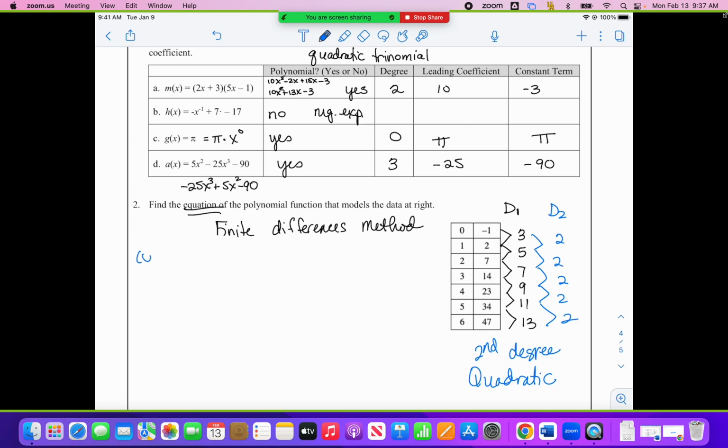Then you pick any 3 points. I typically just pick the first 3. If it's quadratic, general form is y equals ax squared plus bx plus c. So look back at your notes.